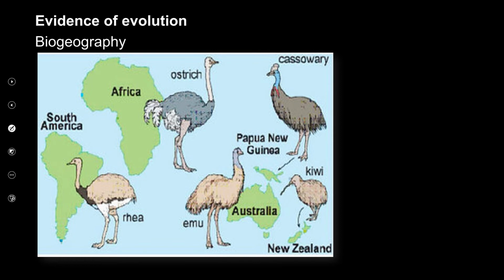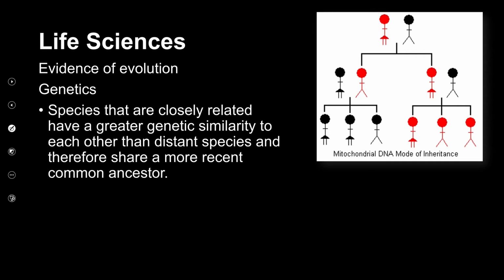Before we had the continents as we know them today, before continental drift took place, these organisms may all have been in a common region from a common ancestor, and as continental drift occurred, the continents moved away, and this is why we see that they are not all exactly the same. They are different species, but they have characteristics that are common. Okay, so that's what biogeography tells us, it gives us information on evolution.